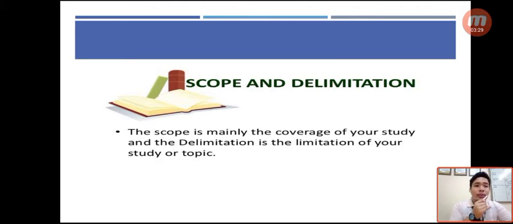Then, scope and limitation, it is mainly the coverage of your study. And the limitation is the limit of your study or topic. So, alam nyo dapat kung sino lang yung ma-coverage or magiging scope ng inyong research. And then, kung sino lang yung pinaka-limit na magsasagot nito.